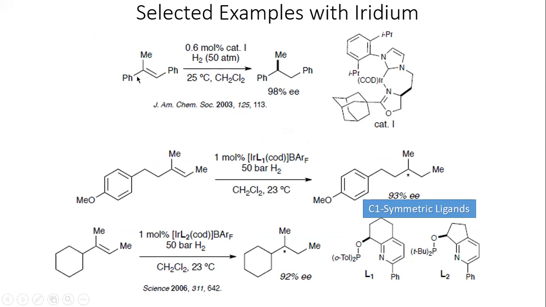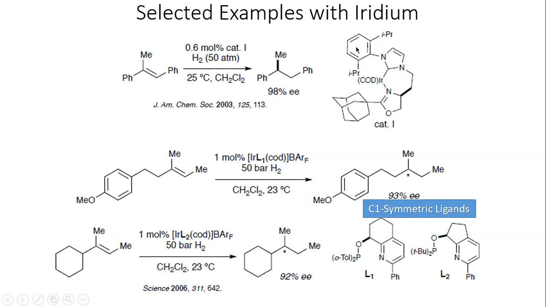And here's some other selected examples for just the asymmetric hydrogenation of alkenes, right? You have an alkene here, 98% EE, and this is the catalyst. Look at the steric bulk around those bisoxazoline type structures. This has a bulky substituent here, and then on this side you've got these isopropyl groups, and this is where your chirality is coming from right here.